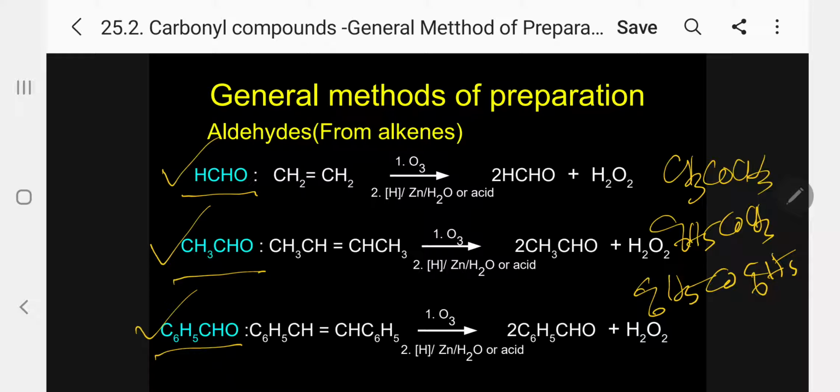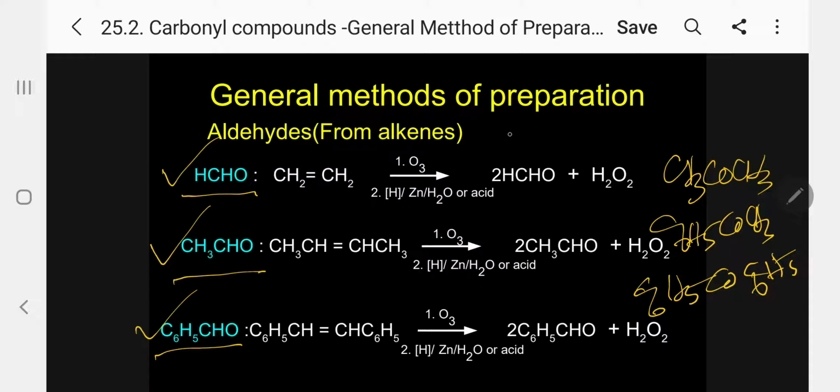So let me explain the easiest way to understand this concept. In the case of ozonolysis, how do you identify the alkene from which you can prepare an aldehyde? Suppose I want a particular aldehyde. How can I select that one? Very simple. Write the molecule, whatever aldehyde or ketone you want, take 2 molecules and write them facing each other, so the 2 oxygens face each other.